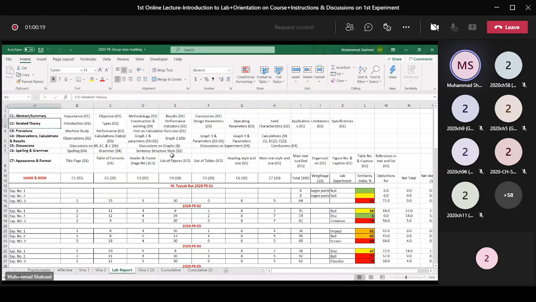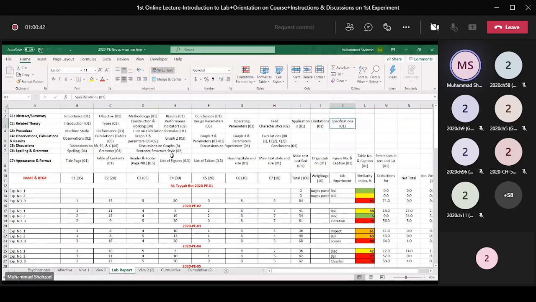In related theory, the subheadings will be introduction, types. You can see in parentheses the marks allocated to each subheading: types, construction and working, operating parameters, design and operating parameters of some common industrial model.